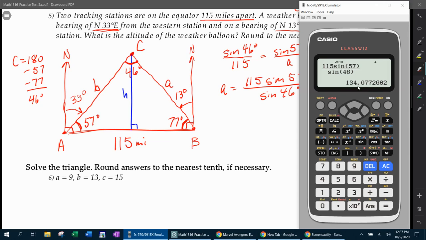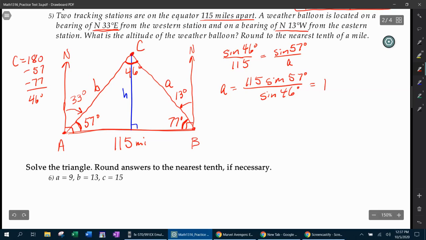And remember I said, since this is an intermediate step, we need to make that as accurate as we can. So let's go, how about to the nearest 4 decimal places? 134.0773 rounded. Intermediate step. All right, so now we know little a.